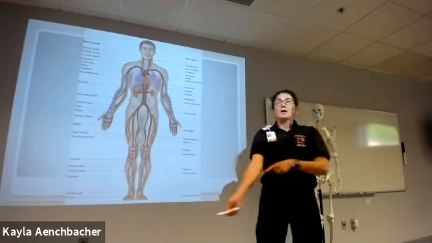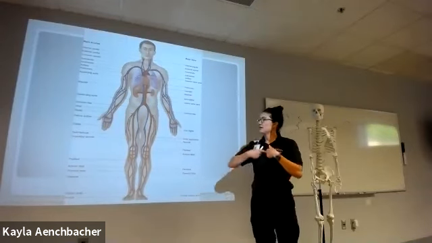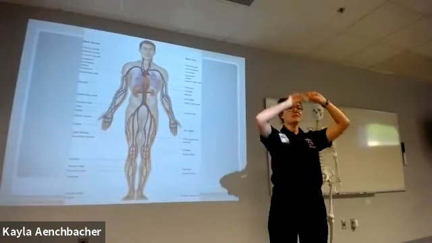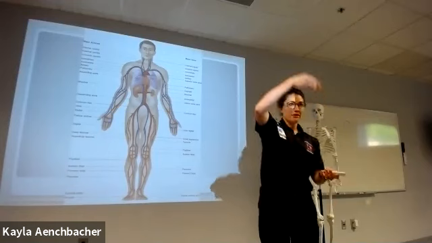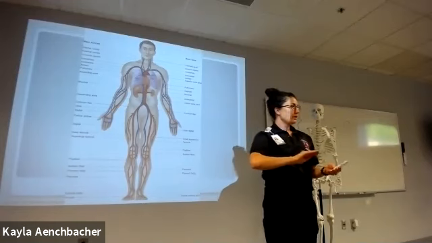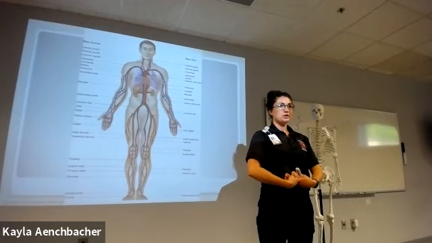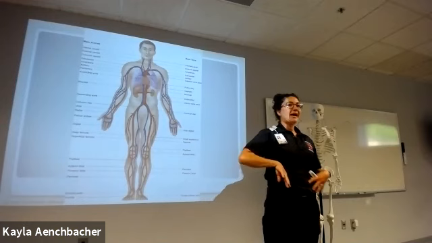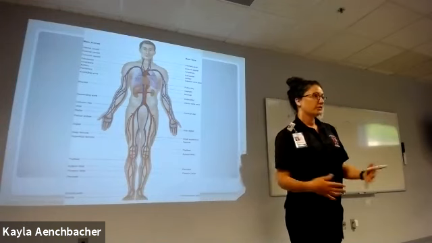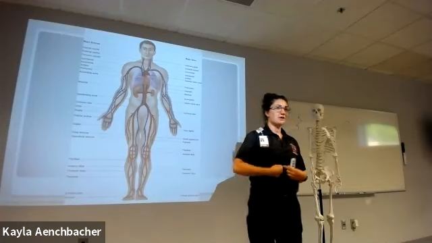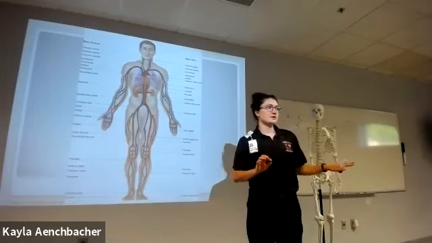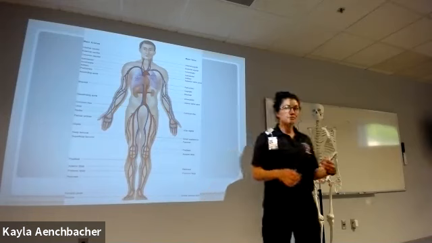We have, again, the ascending aorta and the descending aorta. It goes up and wraps around the back of the heart. That descending aorta goes through your belly. Then we have the renal artery and the hepatic artery that branch off to supply your kidneys and your liver.